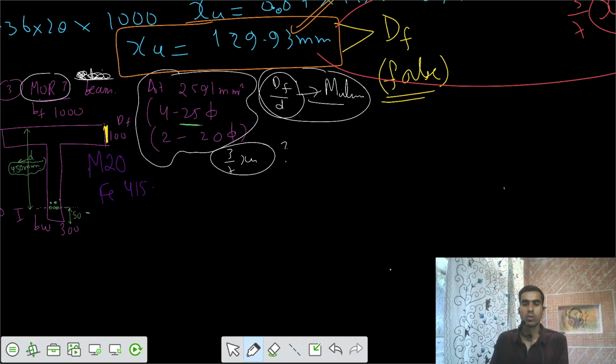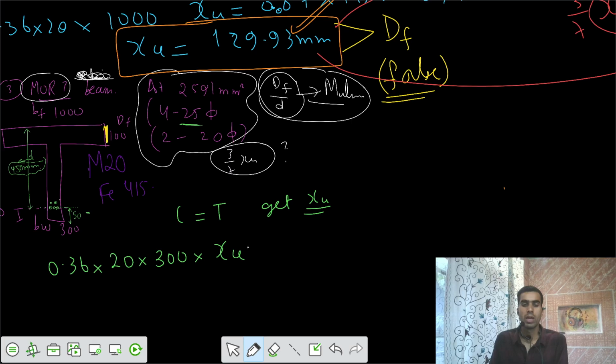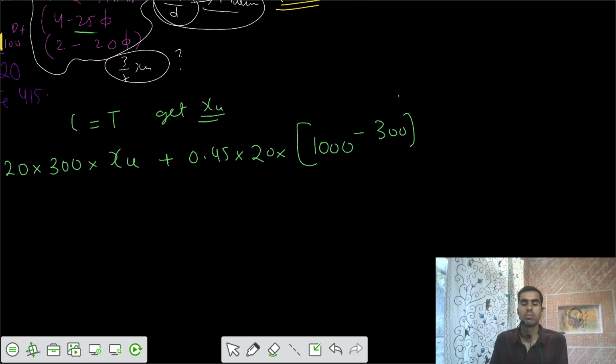So total C force equals T force, and we get the location of the neutral axis. So I would say 0.36 FCK BW XU plus 0.45 FCK (BF minus BW) times YF.